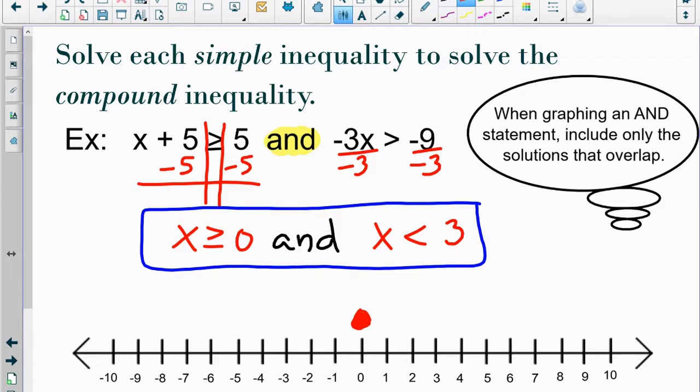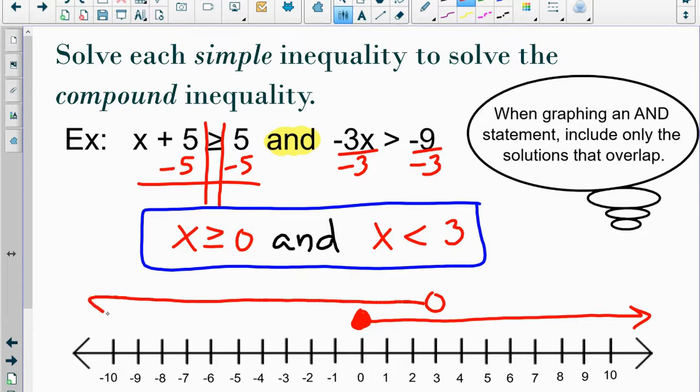And because it's greater than 0, I would draw my arrow to the right. For x is less than 3, I would use an open circle because it's one of those strict inequalities. And I would want to find all the numbers less than 3, which would be to the left, working towards those negatives. Now you'll notice here that we have an overlapping area in the middle, in between those two boundaries.